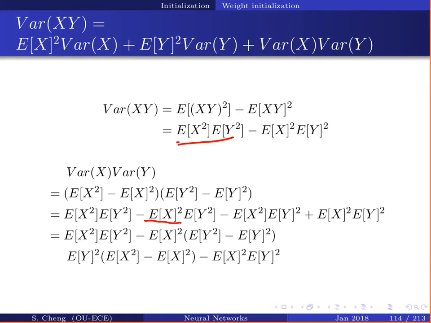I can add one more term here, because then I know this is equal to the variance of Y, which is what I want from the result. Similarly, I have this here.